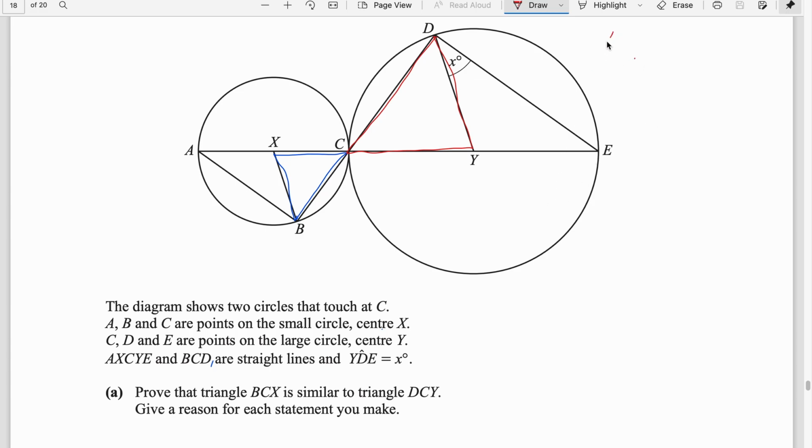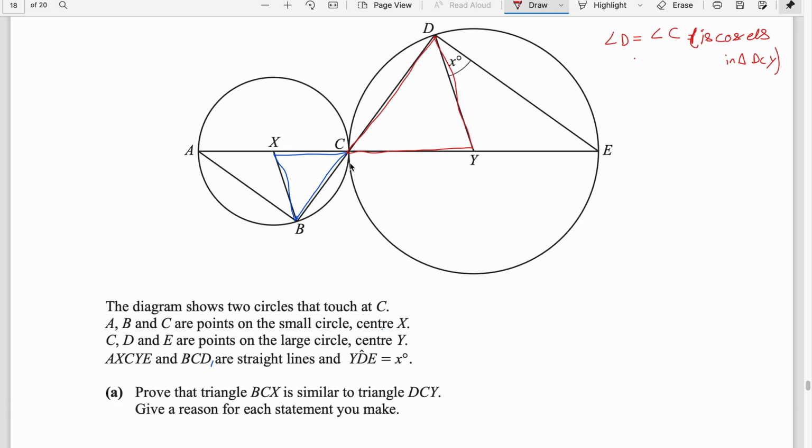Now we see that angle D on this side is equal to angle C, this right here. I say that angle D and angle C are equal. Why so? They are isosceles in triangle DCY, first thing.